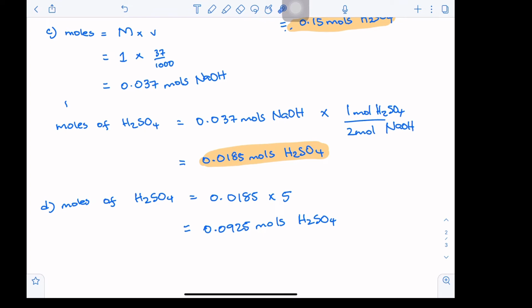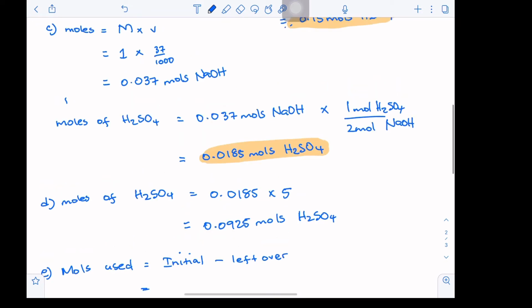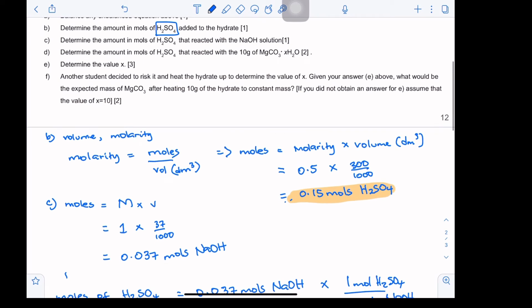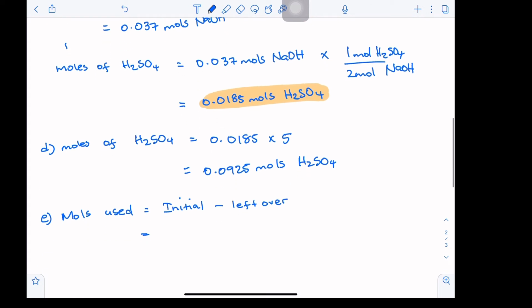If we know how much H2SO4 moles we put in initially, and we know how much was left over, then we can figure out how many moles of H2SO4 we used. The initial that we started with for sulfuric acid was 0.15 moles. And then the leftovers were 0.09.